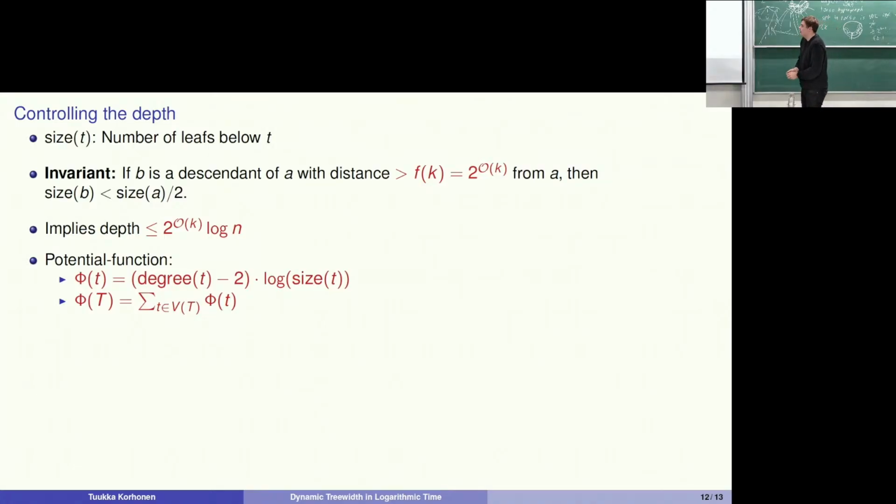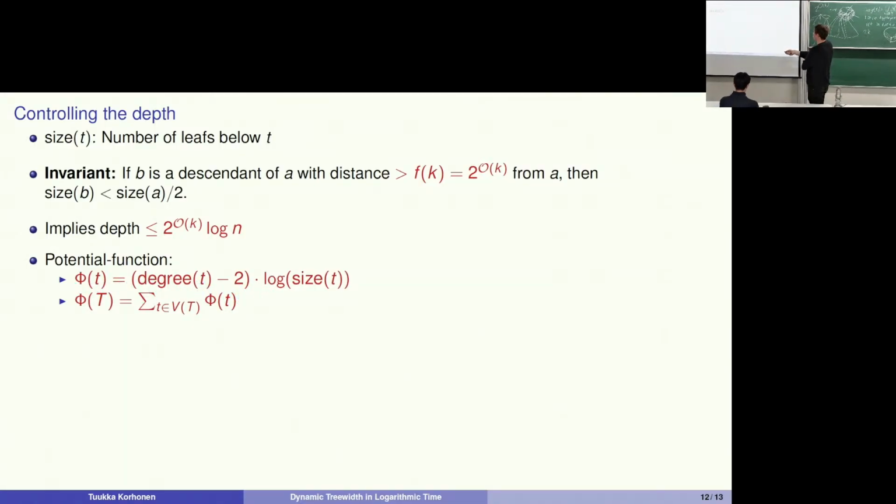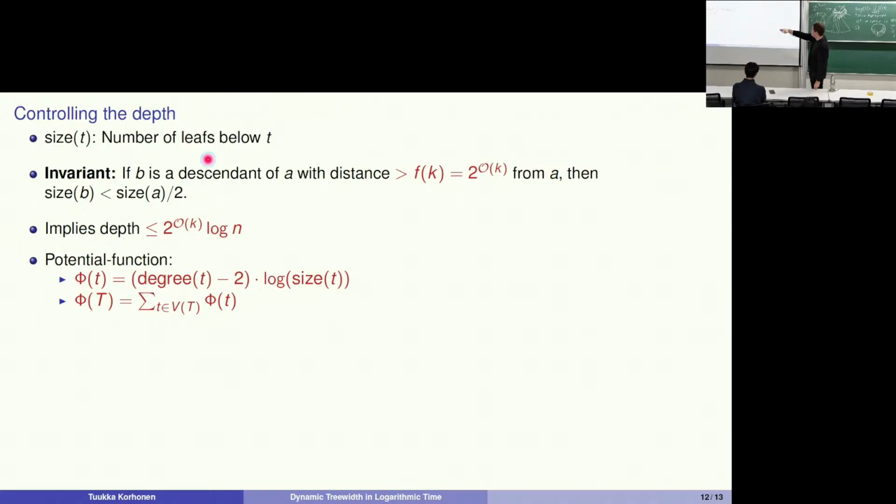And then we have a potential function. This is where the amortized analysis comes from. The potential of a node is the degree of the node minus 2, so the number of children minus 2, times the logarithm of the number of leaves below.